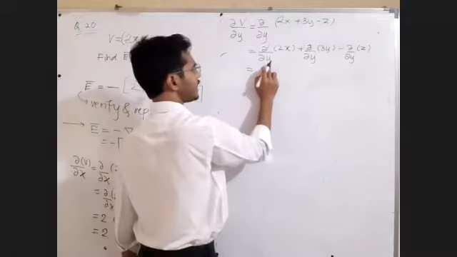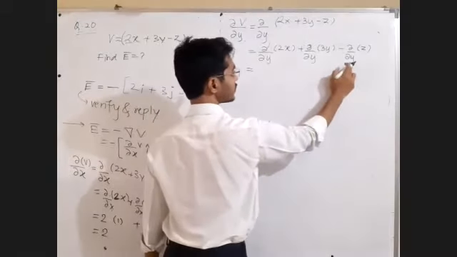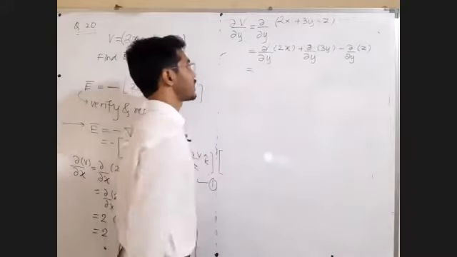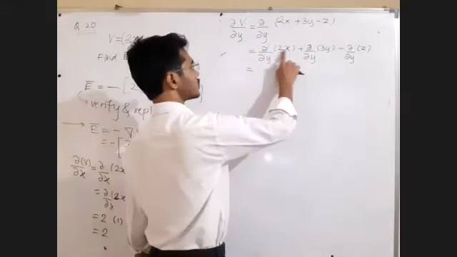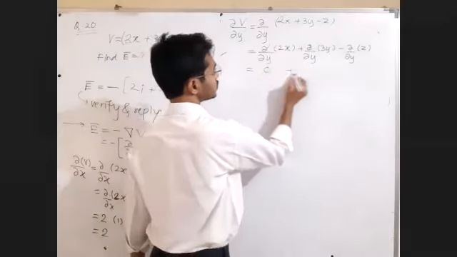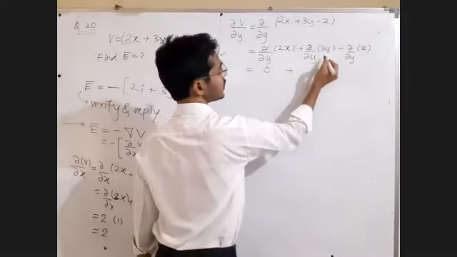Now only the letter y will be treated as a variable, other letters will be treated as constants because this is a partial derivative. So x is constant, 2 is constant, and the derivative of a constant is 0.